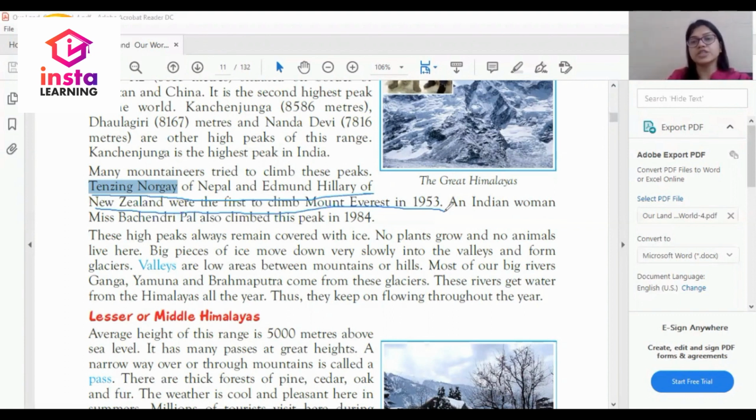In 1953. An Indian woman, Miss Bachendri Pal, also climbed this peak in 1984. So, the first Indian woman to climb this peak, Mount Everest, in 1984 is Miss Bachendri Pal.